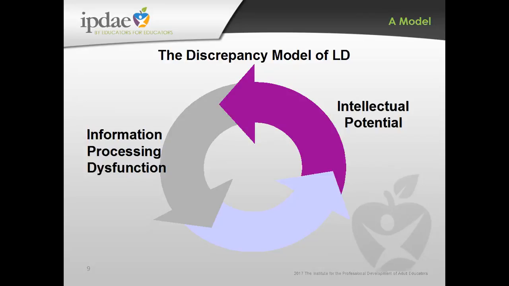So you're looking at up to 2 standard deviations below the norm, which is 100, which would make it 70 IQ, the lowest end of a normal IQ, up to whatever high-end range for a diagnosis of learning disabilities. So we've got 2 parts there and 2 separate kinds of tests: information processing and IQ test.